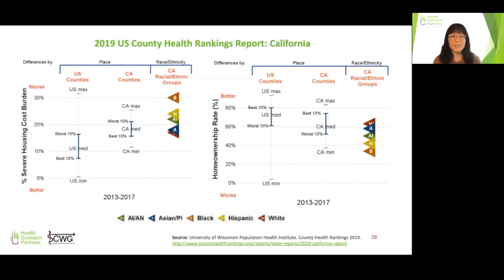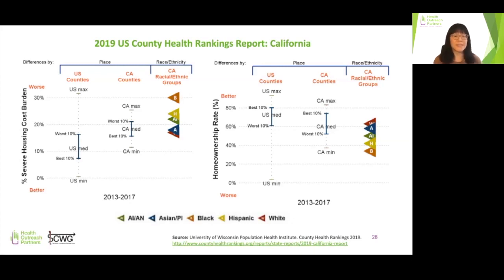When we look at the lasting impacts, here is data now about housing. There are two indicators here. First of all, we're looking at the percentage of severe housing cost burden, which you can see on the left side. Severe housing cost burden is when you spend more than 50% of your income on housing.